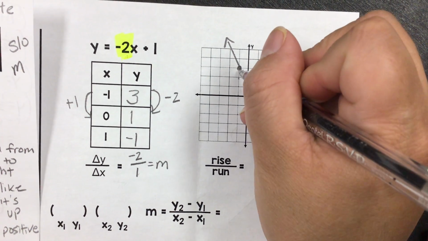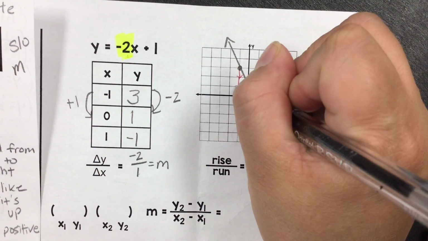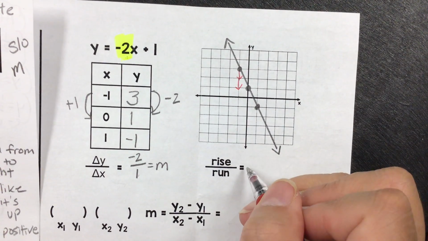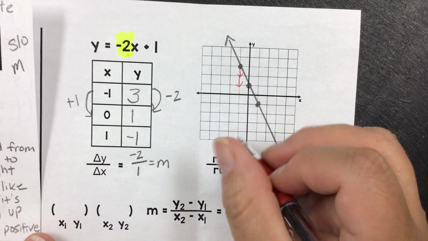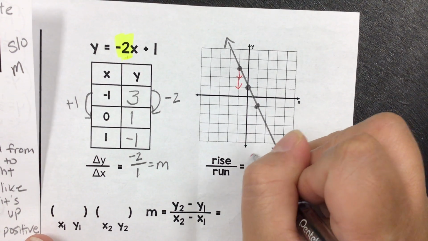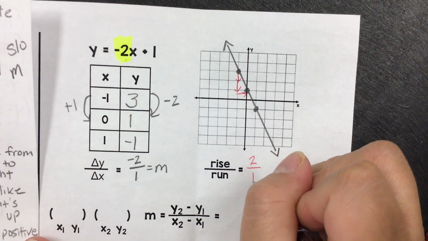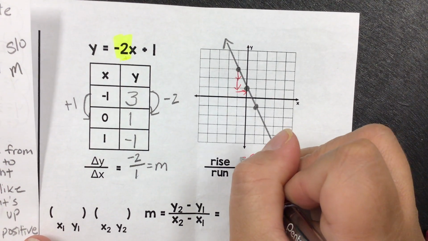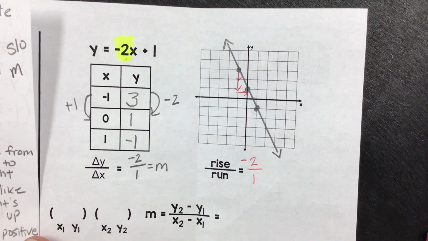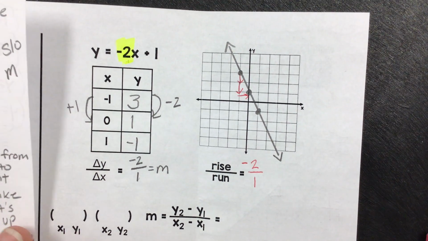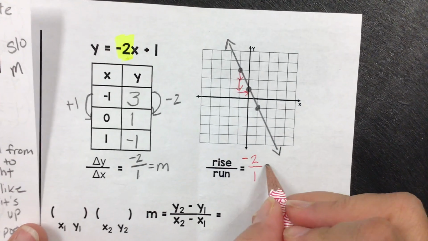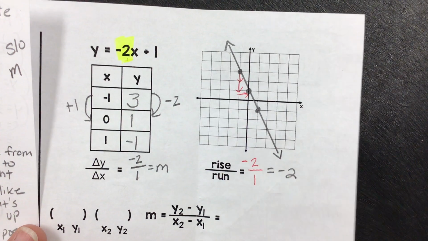From here, we have to go down 1, 2. That is the rise or the fall, like I mentioned last time, which is 2. And then 1 to the right, which is a positive 1. I'm sorry, a fall would be negative because we're going down. Once you simplify that, it's negative 2.